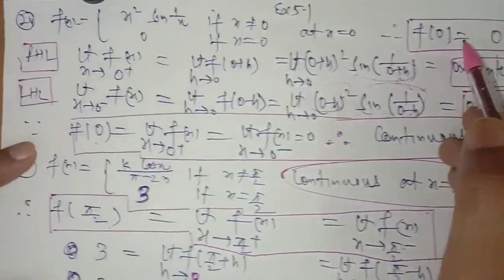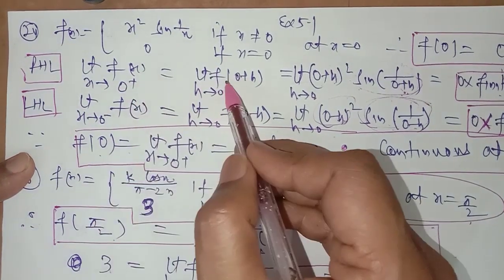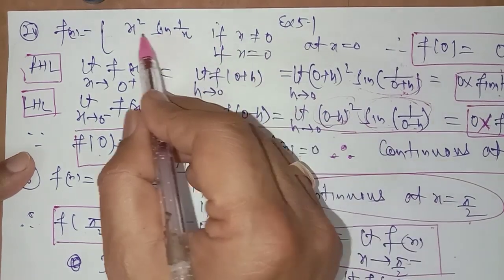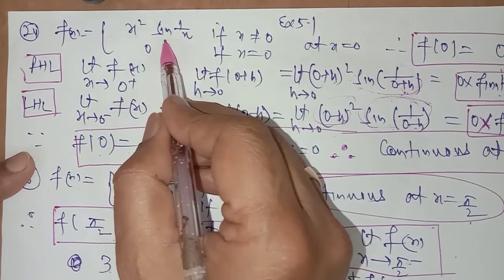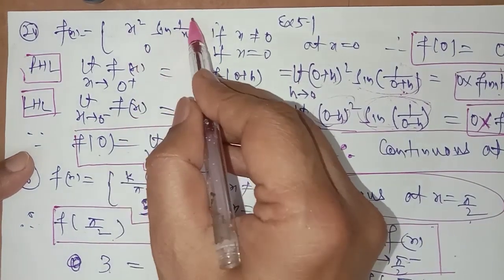Now find the right hand limit. For the right hand limit we write x goes to 0 positive, we let x is equal to 0 plus h, and 0 plus h is not equal to 0, so we'll use this function x square sine 1 upon x. Replace x by 0 plus h, so 0 plus h whole square sine 1 upon 0 plus h.